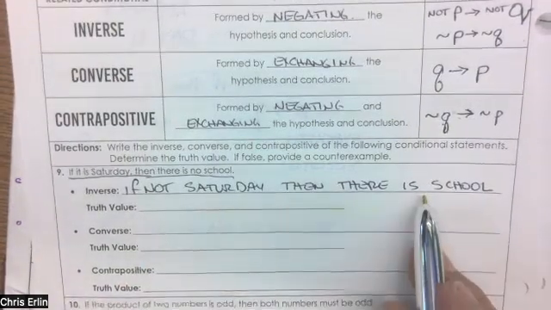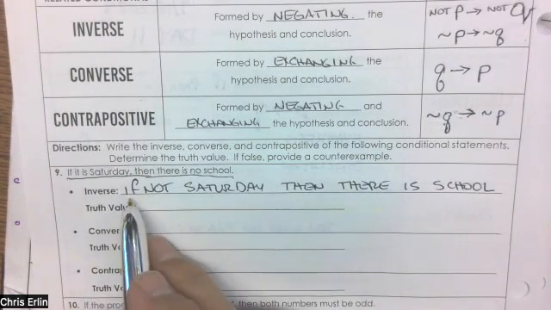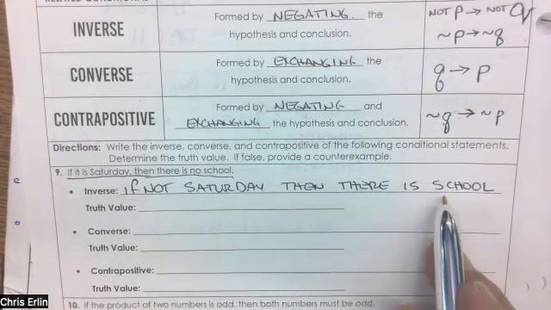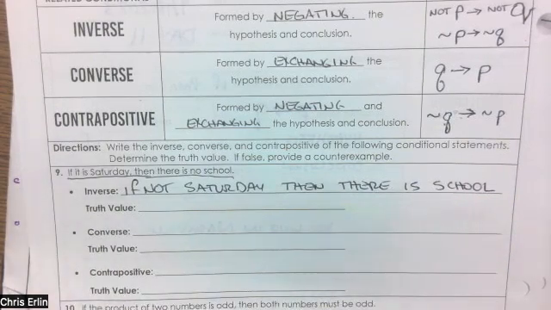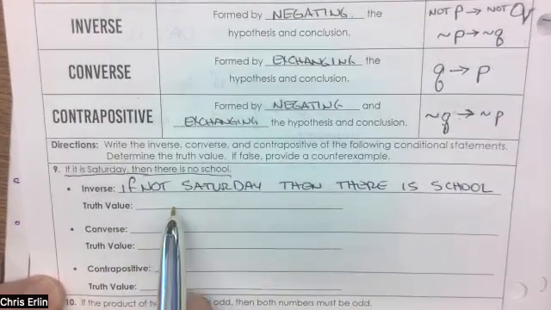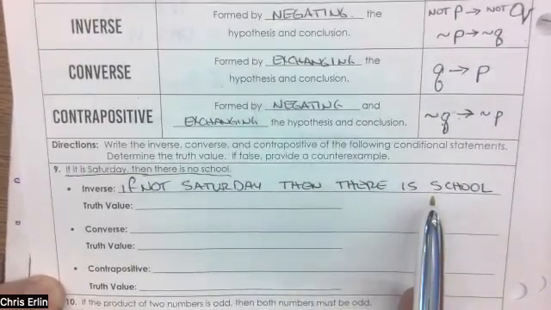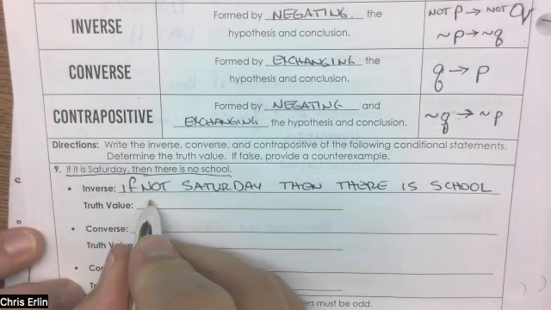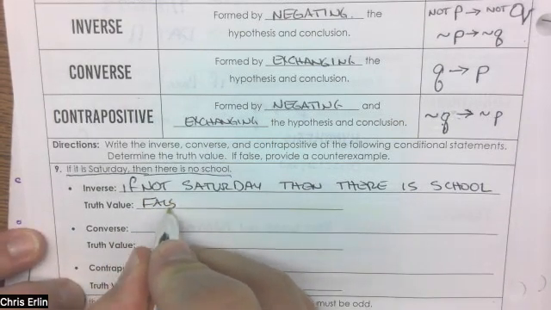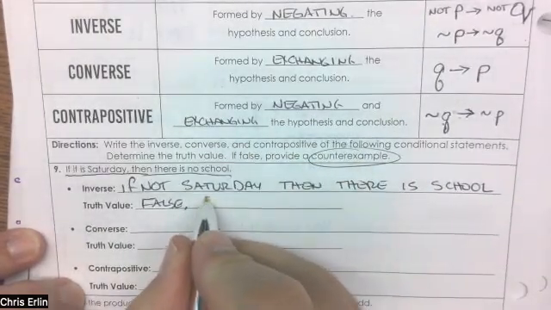Is this true? No? If it's not Saturday, then there is school. Okay, so give me a counterexample. Give me something that satisfies the hypothesis, not being Saturday, while at the same time violating the second part. Sunday. Yeah. So you could say false, and then your counterexample would be Sunday.